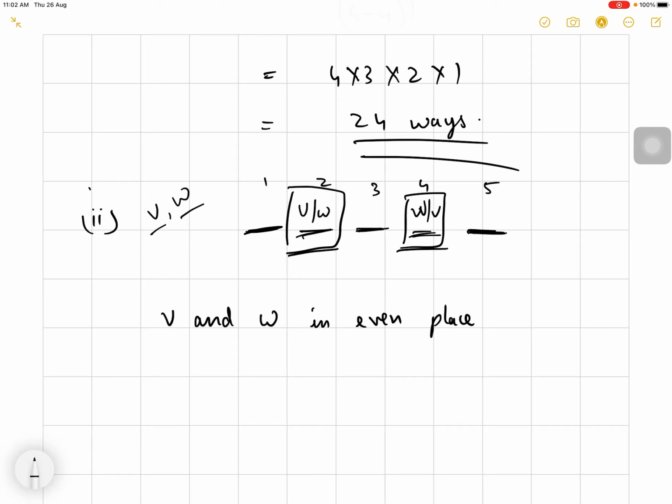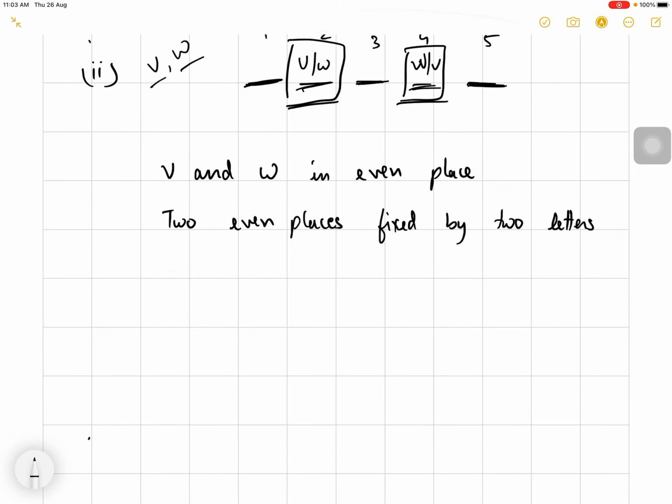So V and W in even place. 2 even places fixed by 2 letters. So 2P2 is equal to 2 factorial divided by (2 minus 2) factorial, which is 2 ways.